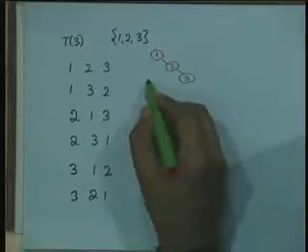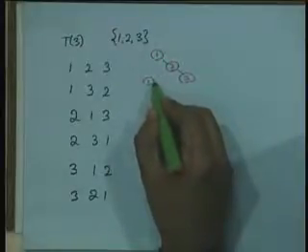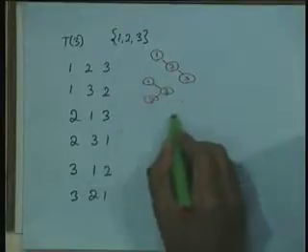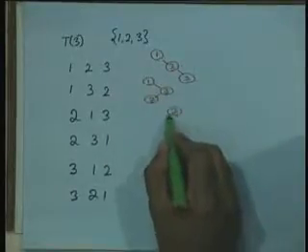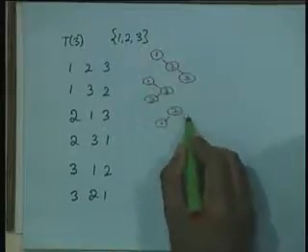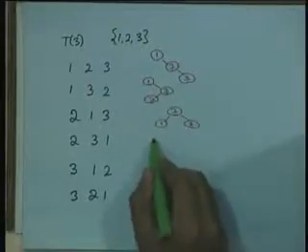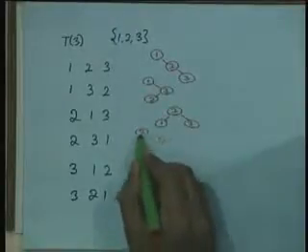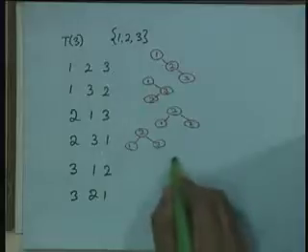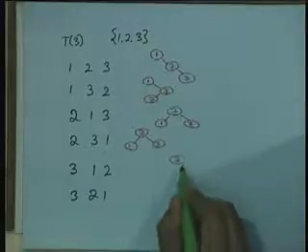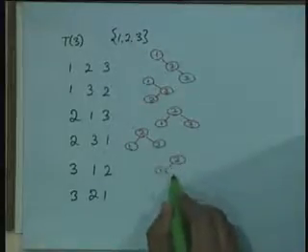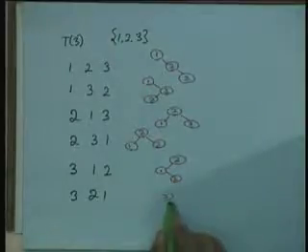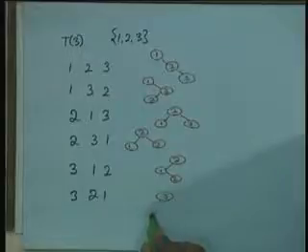When elements are inserted in this order, we would get a tree 1, 3 to the right, 2 to the left of 3. Elements inserted in this order, we will get a tree which is 2, 1 to the left, 3 to the right. When elements are inserted in this order, we get a tree which is 2, 3 to the right, 1 to the left. When elements are inserted in this order, we get a tree which is 3, 1 to the left, 2 to the right of 1, but to the left of 3. And in this order, we get 3, 2 to the left, 1 to the left.